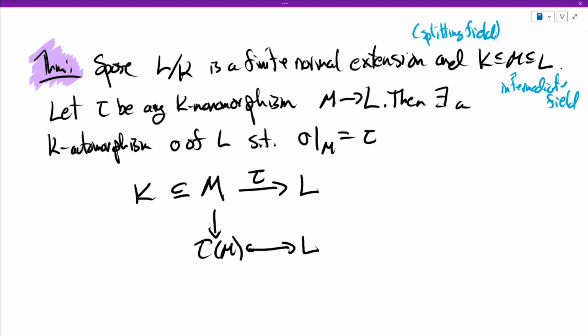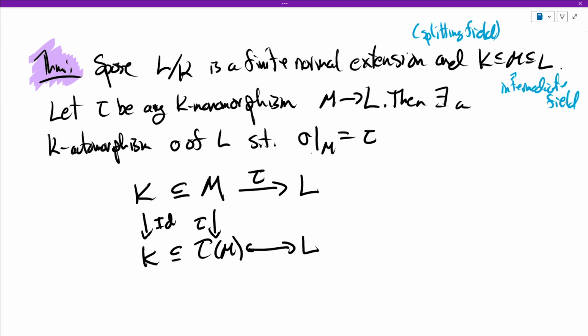And then tau is also this mapping here, the one that sends M to tau of M. Tau being a K-monomorphism of M into L says that K should be a subfield here as well, and K is fixed by tau. So this is like the identity map, if we like.